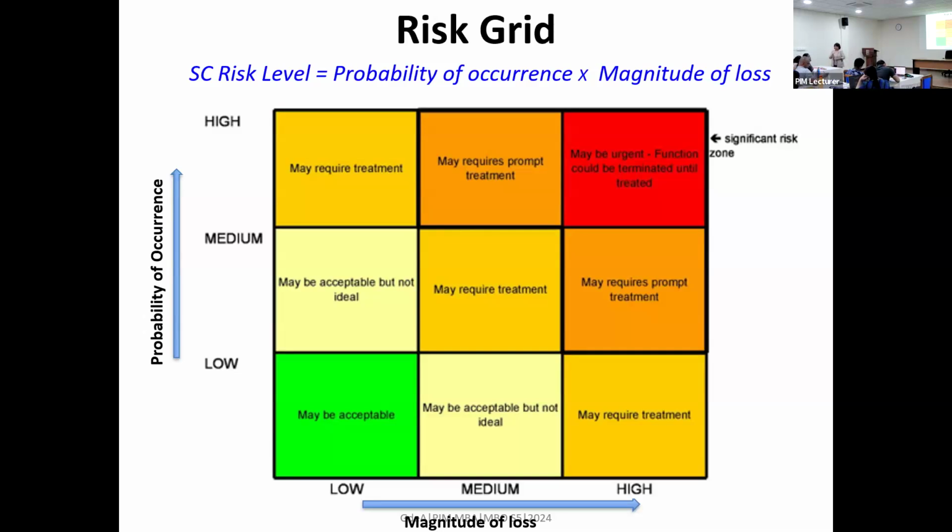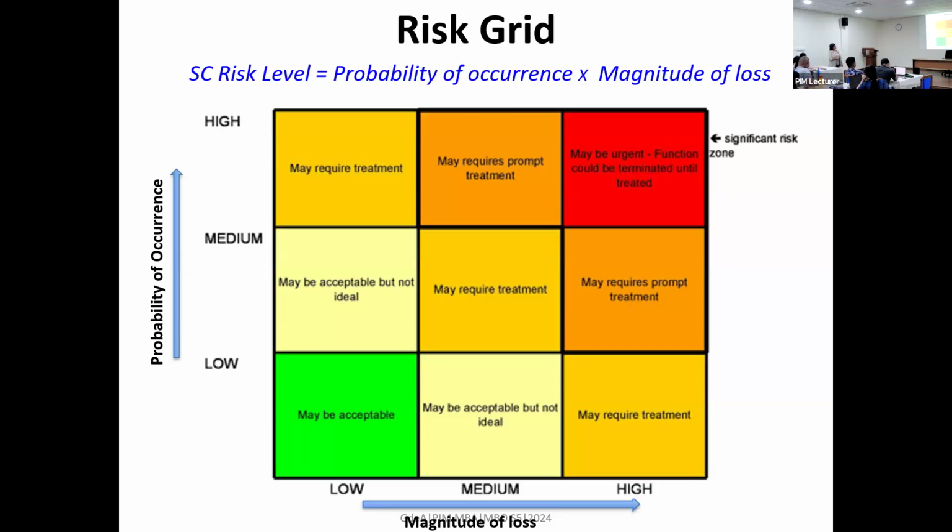This axis is probability, and this axis is the impact to the business because of the loss that you incur because of the issue. Some things may be here, some things may be here. If you're here, this is a significant risk zone.